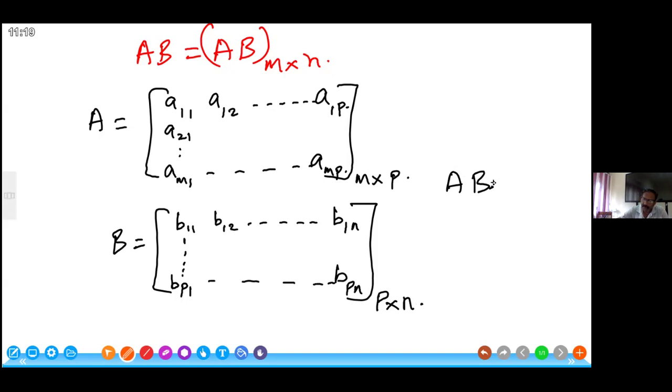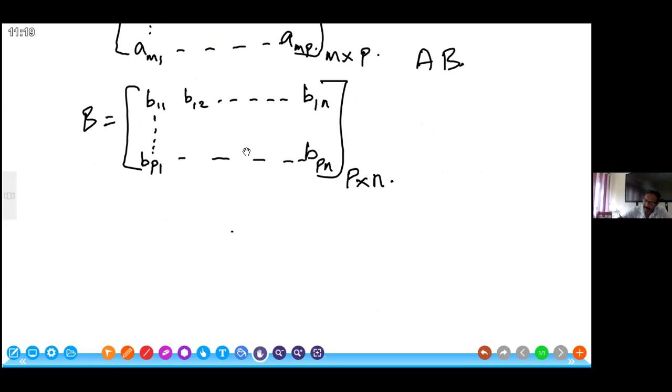So everybody knows this first digit is row, second digit is column. Don't forget that. Always first digit is row, second digit is column.